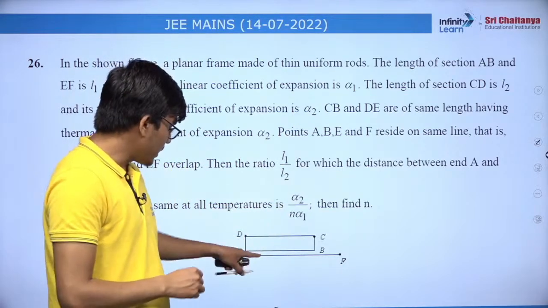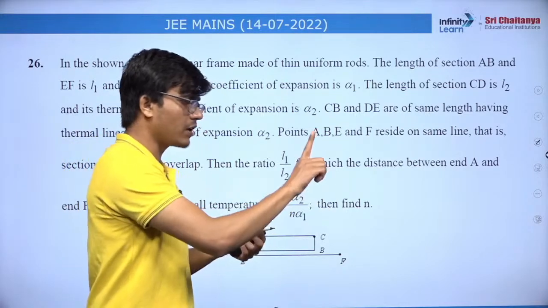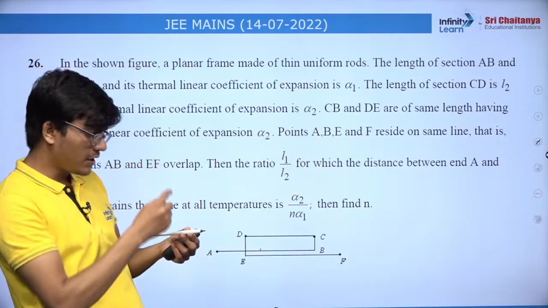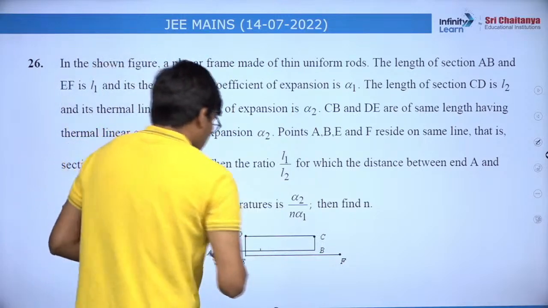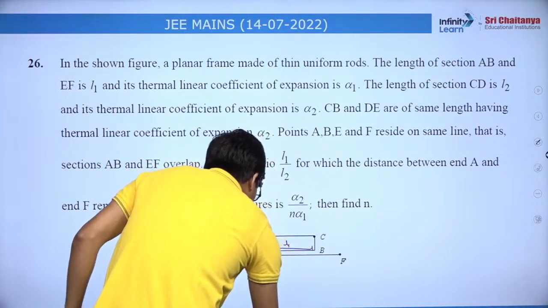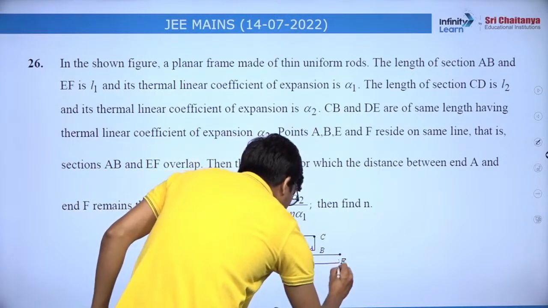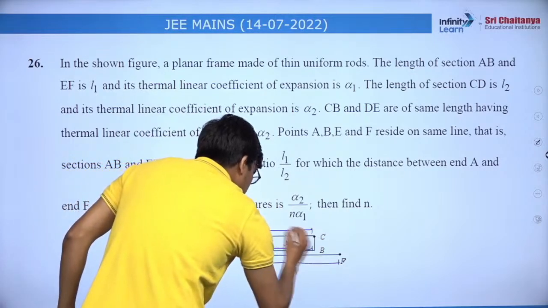It is not visible as they both are overlapping, but you should understand the wire going a little bit up, then coming back, a little bit down, and then again coming back. That is the situation. So this length is L1 and this length is L1 and this length is L2.